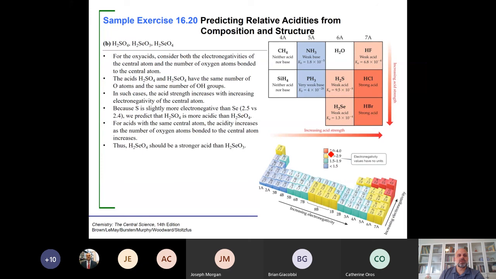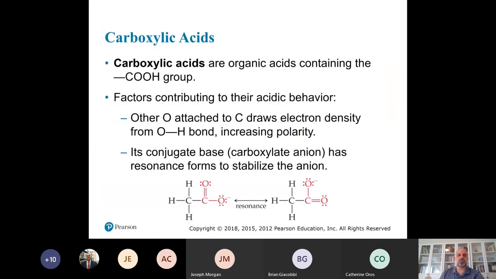So if we compare H2SeO4 versus H2SeO3, H2SeO4 is going to be stronger than H2SeO3. So if we're looking over here on the left-hand side, the weakest is going to be the one with 3 oxygens. Then if you compare the two with 4 oxygens, the more electronegative sulfuric acid ends up being the strongest.